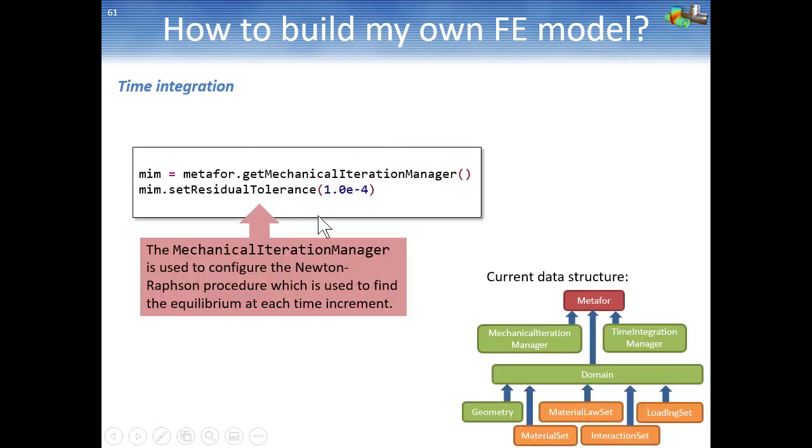So there are also other parameters, such as the residual tolerance. I put this parameter, even if this number is the default value, because this is a very important parameter. So you will have to change it to see the influence on your input file. This is the difference between the internal forces and the external forces that is accepted for the equilibrium.